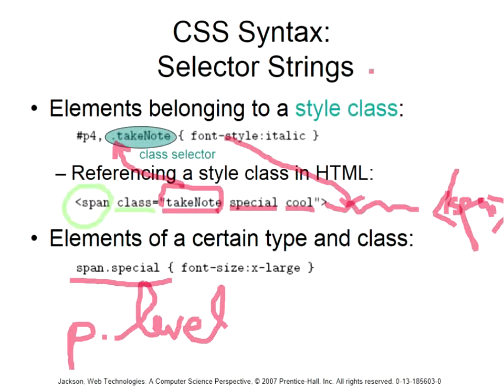If we find another rule like .cool, also this rule will be applied to this text. Why? Because we also have the class cool.